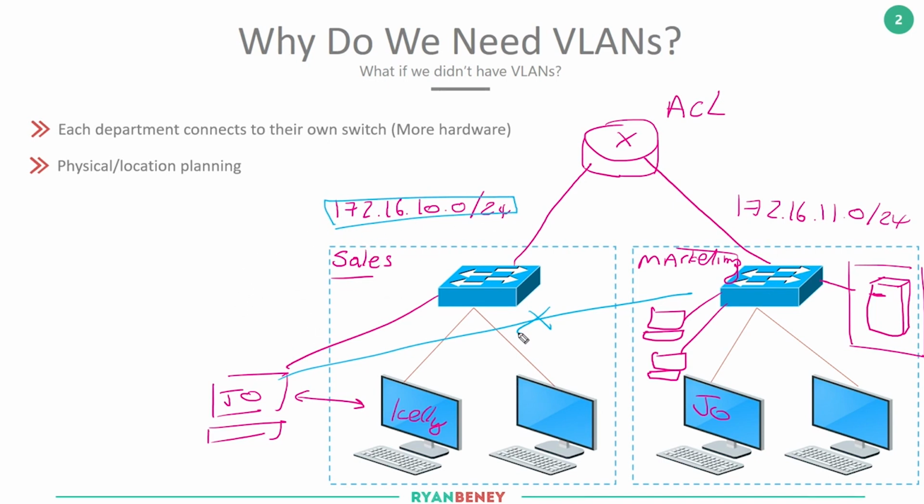Joe will get an IP address from a different subnet than what she originally would get it from, and because of that there may be limitations with accessing the existing server because of these ACLs that are put up inside the core to increase the security.